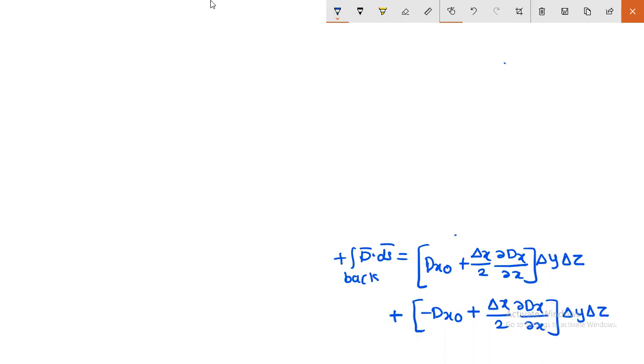So now we have to take the common. So the final answer I'll write there. So just to take the addition here. Here delta y and delta z are common, right? So we can just cancel these two terms, dx0 and minus dx0, right?